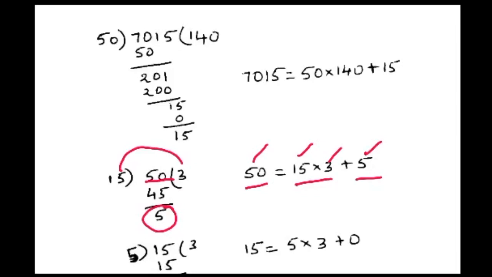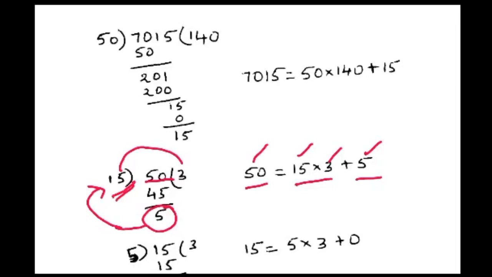Now we have to divide 15 by the remainder. That is, the divisor 15 should be divided by the remainder 5. This process continues until we get the remainder 0.